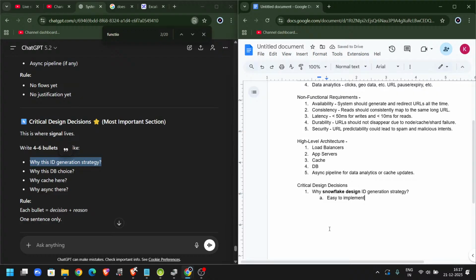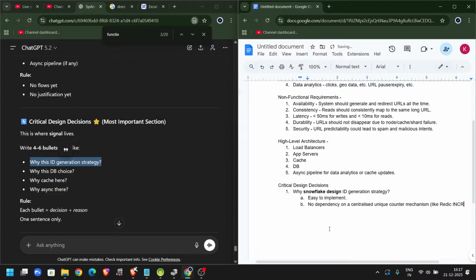No, on a centralized unique counter like Redis INCR. Redis, not Reddick.